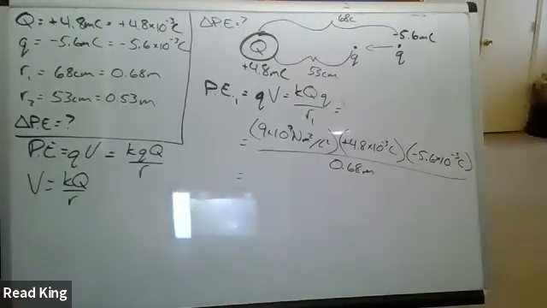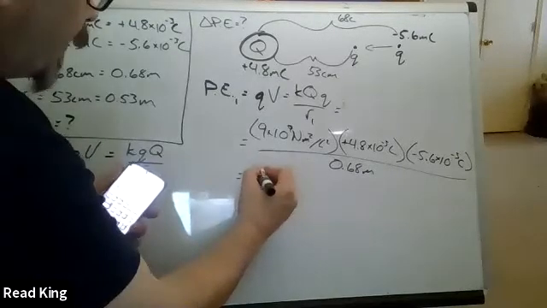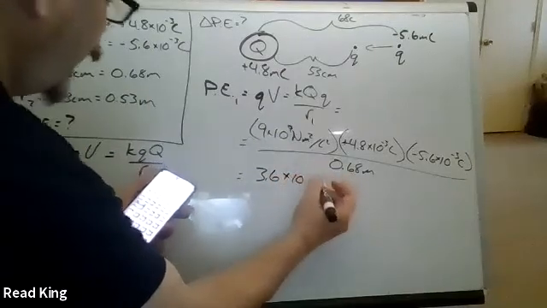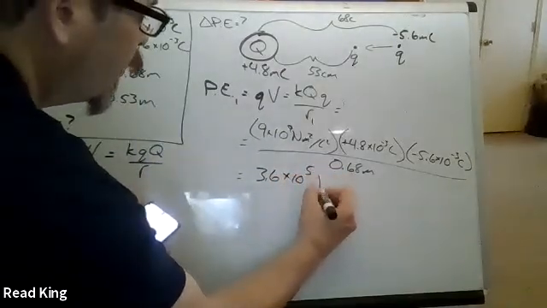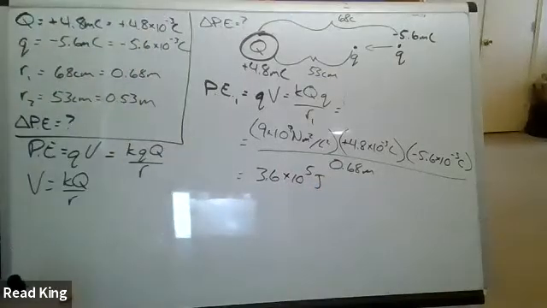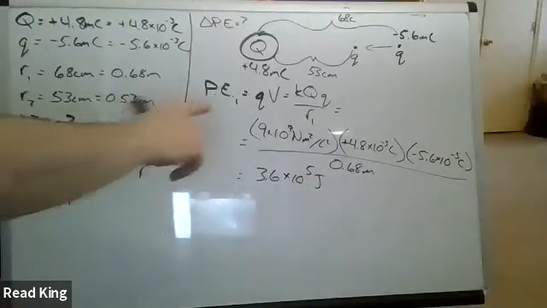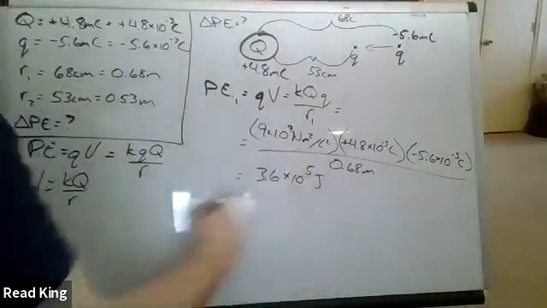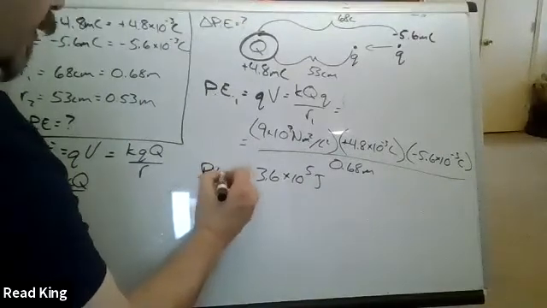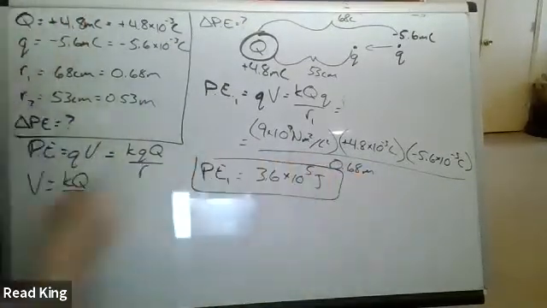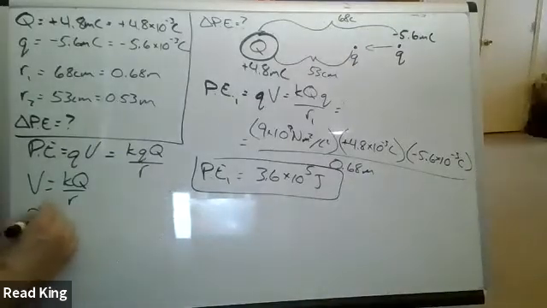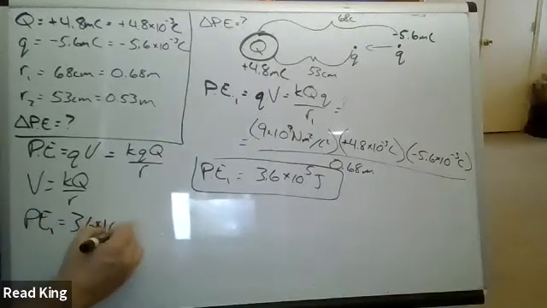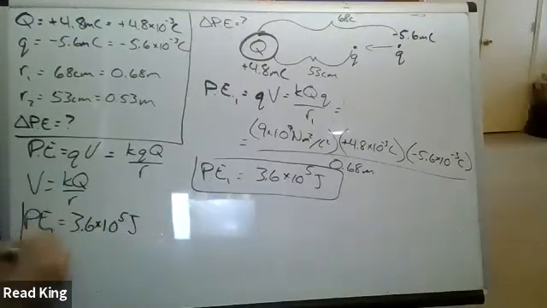I am getting 3.55, which would make that 3.6 times 10 to the 5th joules, right? It's potential energy, so it should be. Newtons, let's cancel the 2 coulombs, cancel a meter, we'll end up with a newton meter left. Yes, awesome. So potential energy 1 is that. I'm going to store that over here because I need that board space, times 10 to the 5th joules.